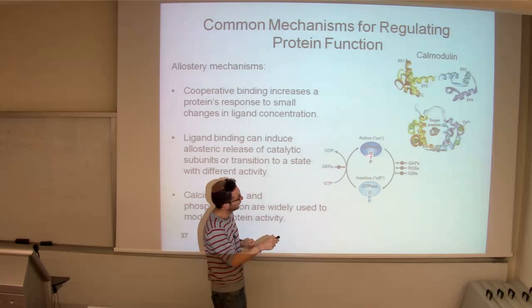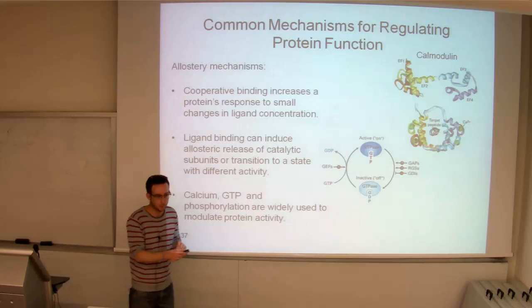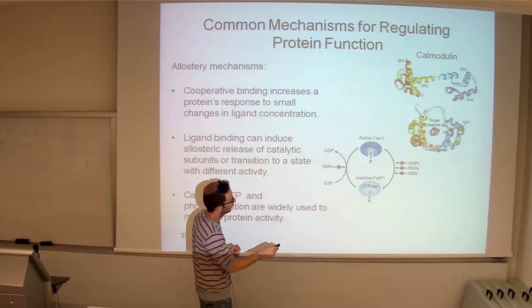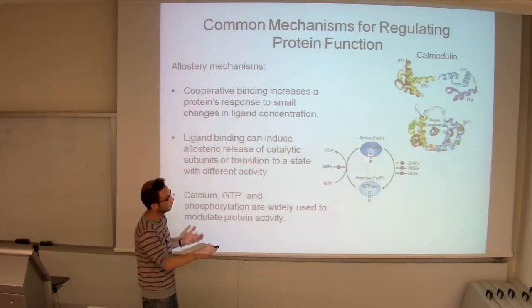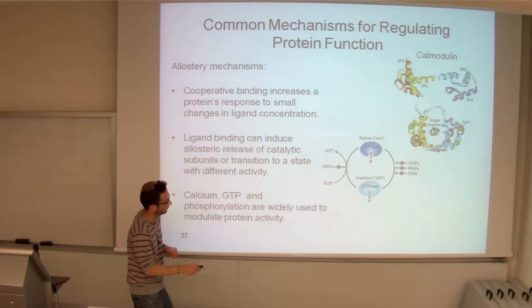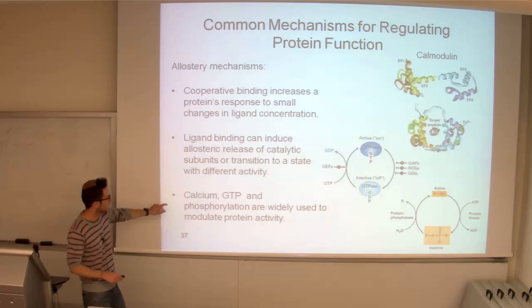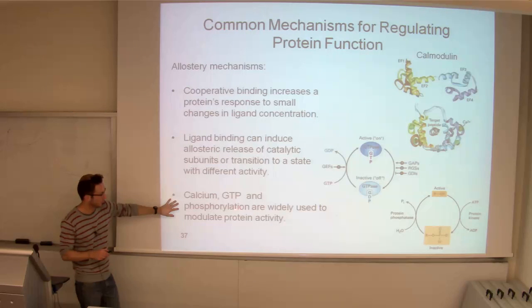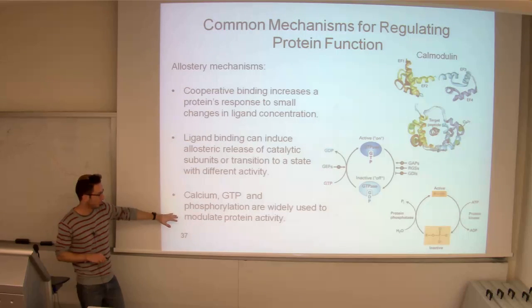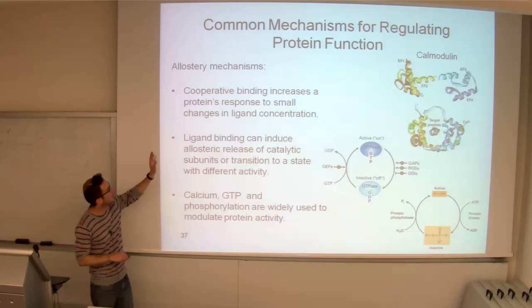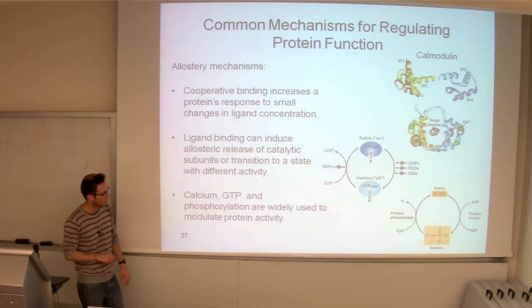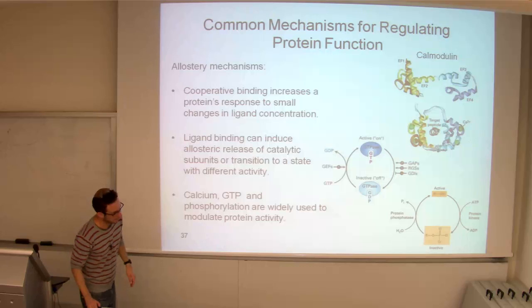So for instance, for GTP-binding proteins, which we will become much more familiar with later on, the protein is in an on state when it has GTP in its nucleotide binding site, and it can go allosterically and be pushed towards an off state. So GDP, calcium, and also phosphorylation, which we mentioned, are maybe the most widely used modulators of protein activity via allosteric mechanisms. We will see lots of examples as we go along.